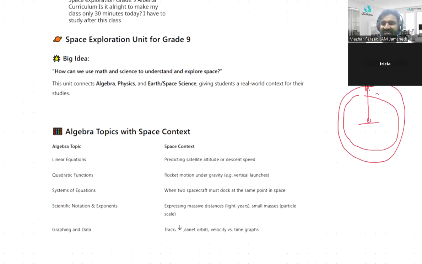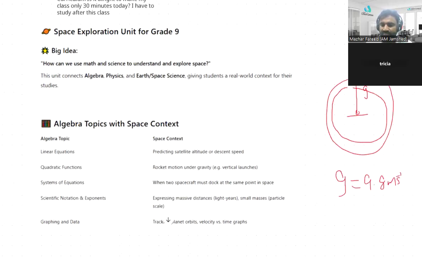That gravitational acceleration is called g. The value of g is 9.8 meters per second squared.